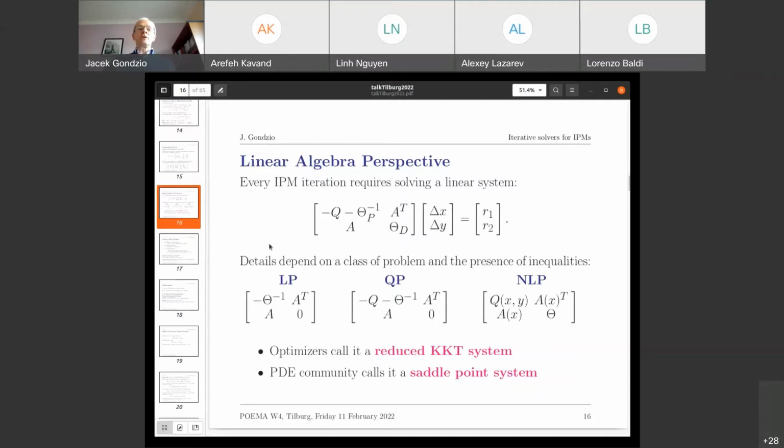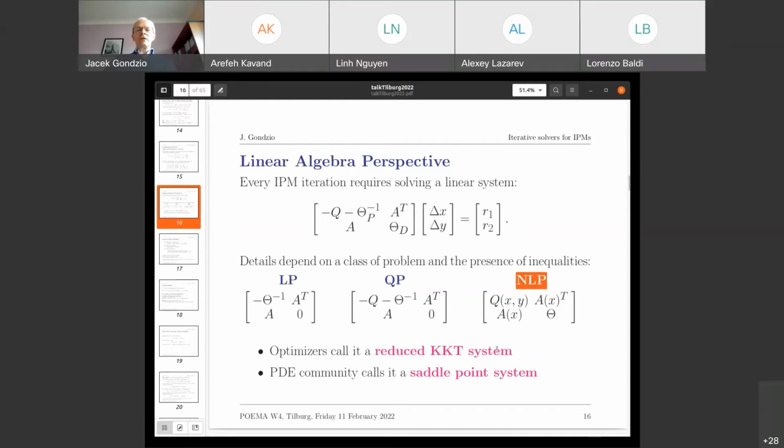When you think of it, why does it resurface in so many areas of mathematics? Because I think so many areas of engineering and computational mathematics actually look for some sort of minimum, some sort of optimum. And of course, the optimality conditions will always give the same thing. Well, there is a great similarity between linear programming and quadratic programming and non-linear programming, because we always have to solve a system of that type.